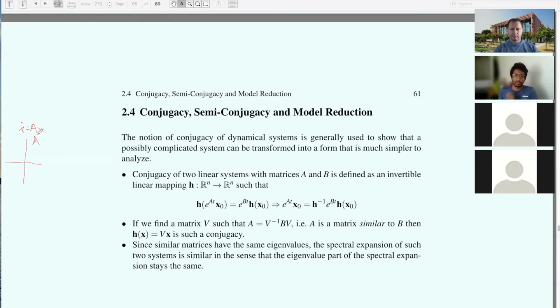And then there is another dynamical system driven by matrix B. Now let's say we start from x0 here. And we flow forward. And that flow takes us to this point here, which is e^(At) x0.